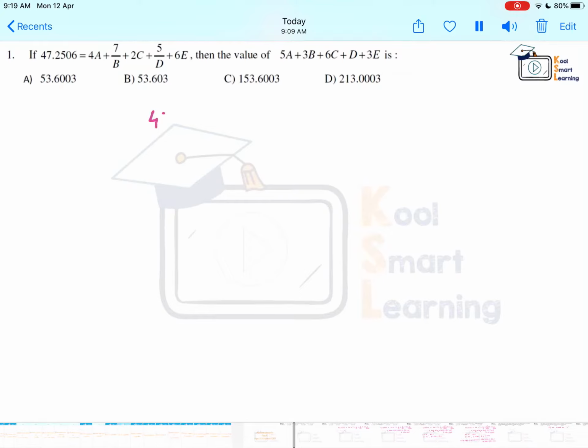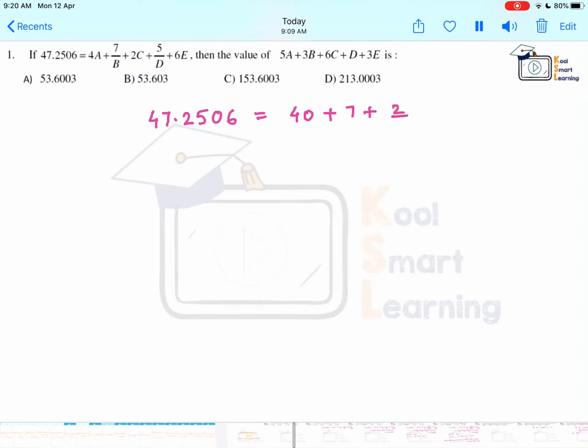So let's take the given number, which is 47.2506, and let's write it in this format. This is 40 plus 7 plus 2 by 10 plus 5 by 100 plus 0 plus 6 by 10,000.